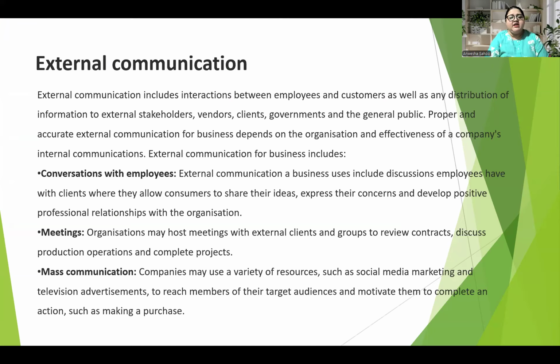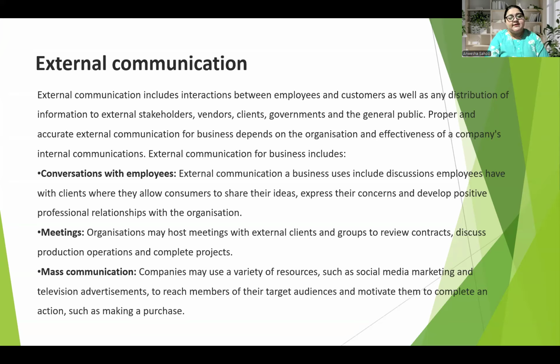External communication includes interaction between employees and customers, as well as any kind of distribution of information to external stakeholders, vendors, clients, governments, and the general public. So we all know that a company cannot run alone. A company needs external agencies or external factors too.